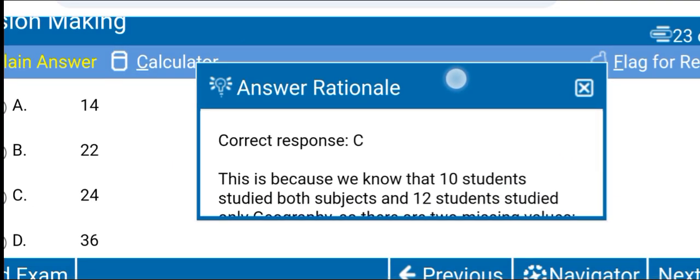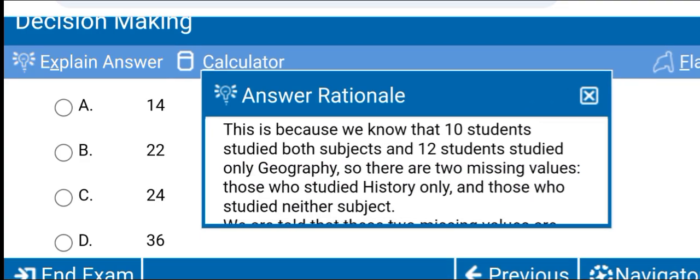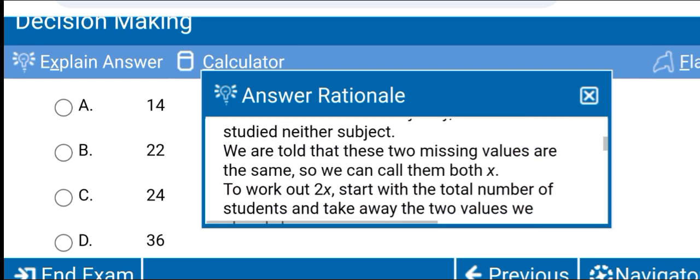The correct option is option C. This is because we know that 10 students studied both subjects and 12 students studied only geography. So there are two missing values, those who studied history only and those who studied neither subject. We are told that these two missing values are the same, so we can call them both x.